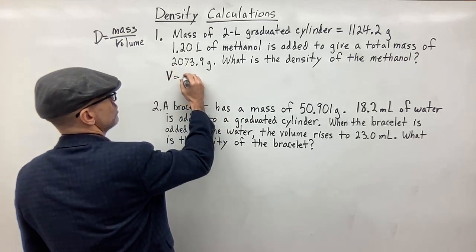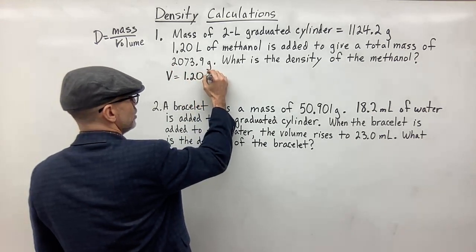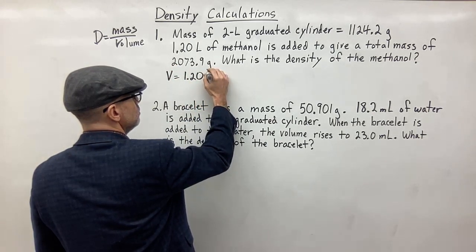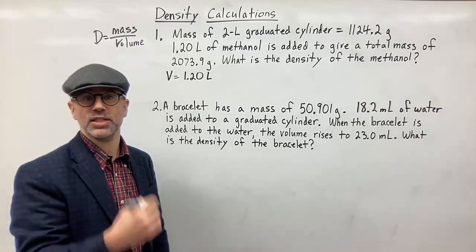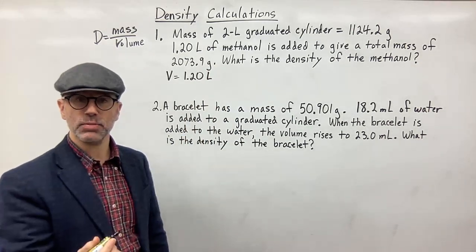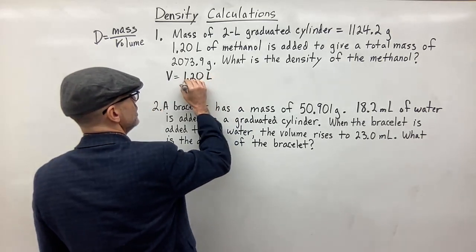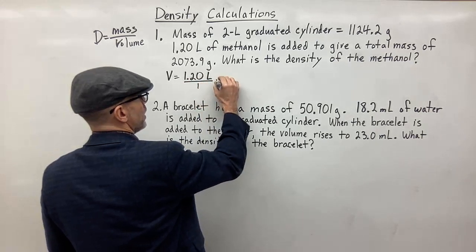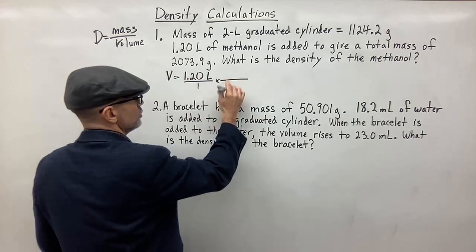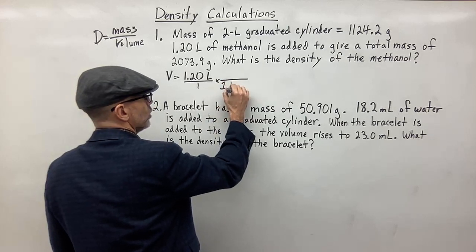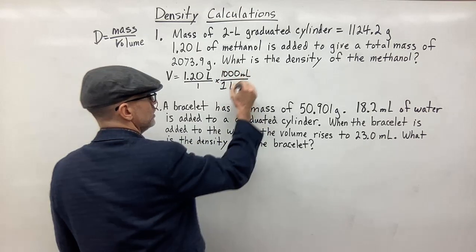So volume is equal to 1.20 liters. We're going to convert that to milliliters because density is usually grams per milliliter. So we multiply by a conversion factor, with liters on the bottom: 1 liter is equal to 1,000 milliliters.